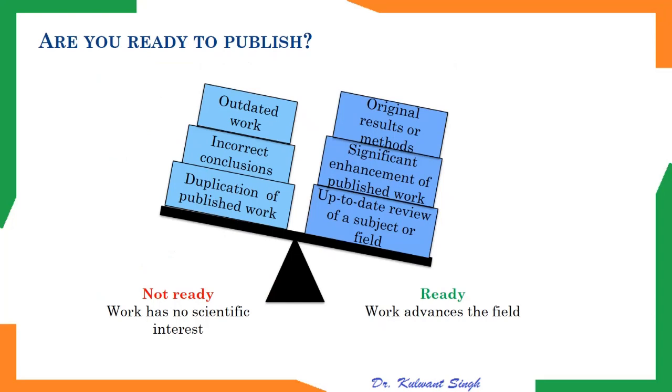One more thing: when we are doing research, how do we come to know that our research work is sufficient to write a paper? How to check? There are two or three parameters we have illustrated here. If your work is original, meaning your results and your methods are original.